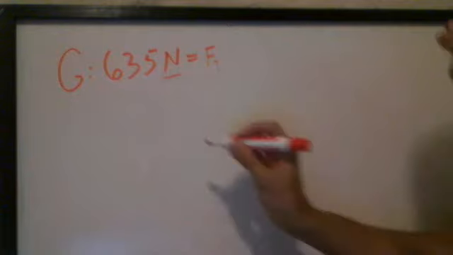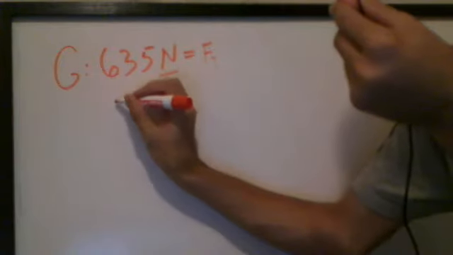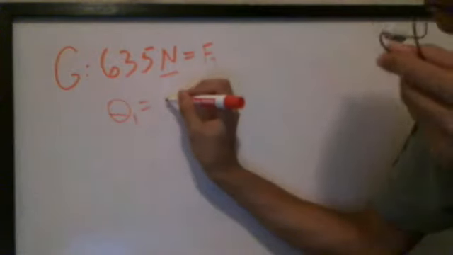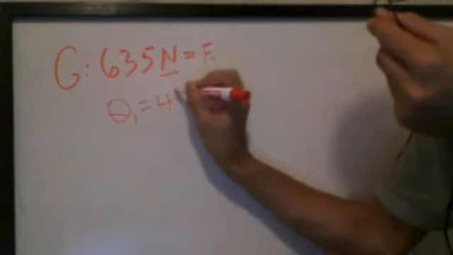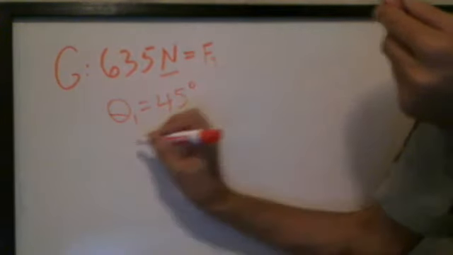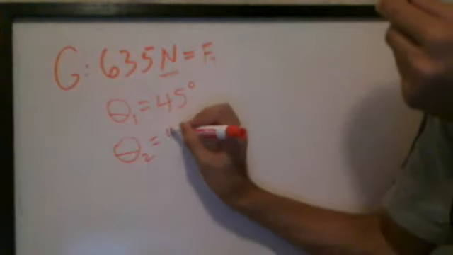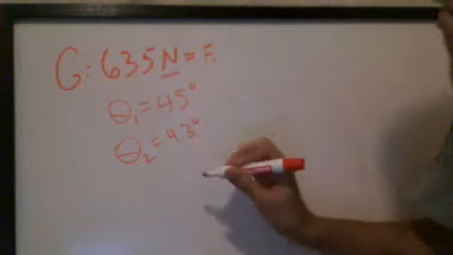Alright, so we know that there's two cables, and cable 1, the angle is at 45 degrees. And we know angle 2 is 43 degrees.